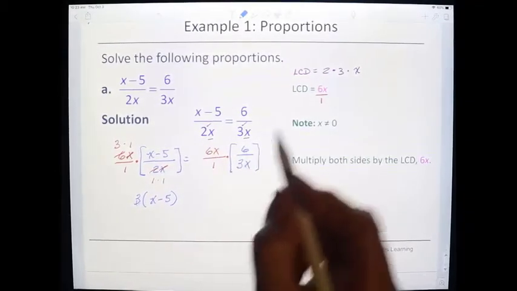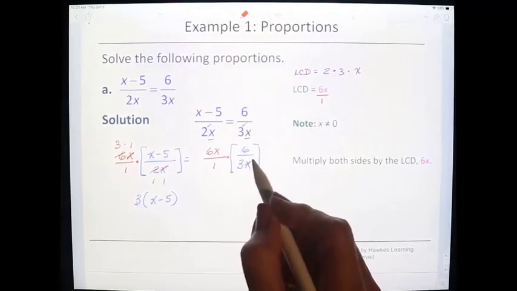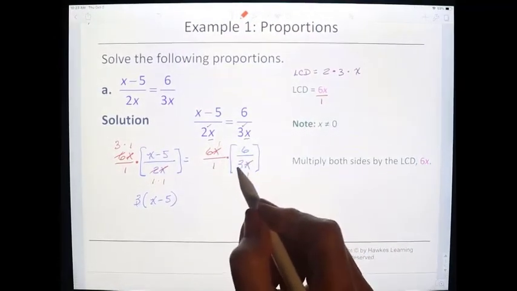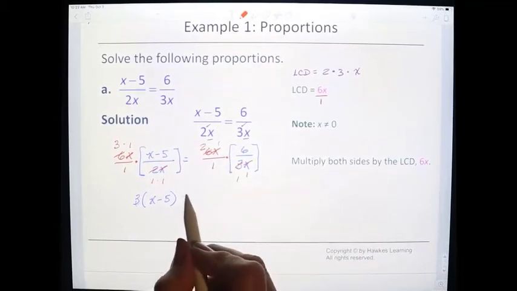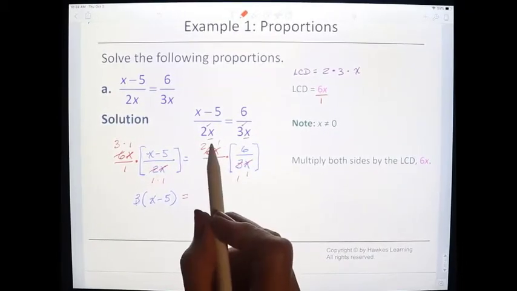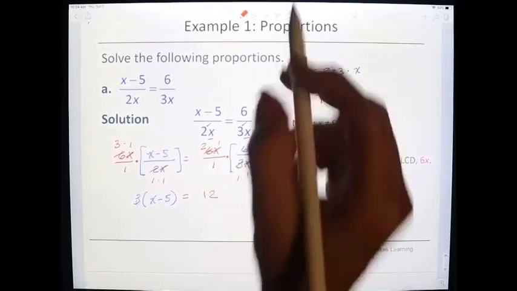Okay, over on the other side, when I do the cancellation, I see the x's are going to cancel out, and I see the 3 is going to cancel into the 6 and give me 2. So over there on the right hand side, I have 2 times 1 times 6, or 12.